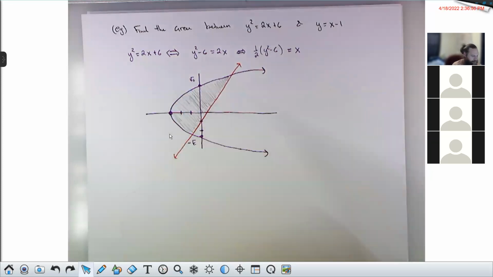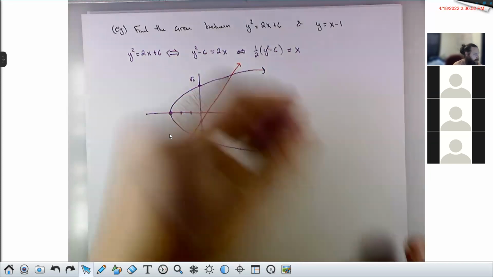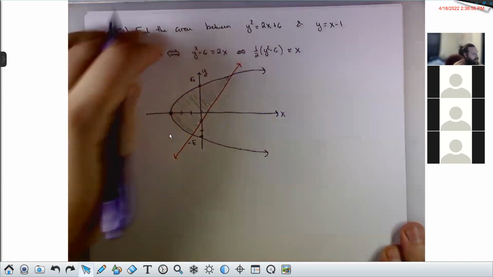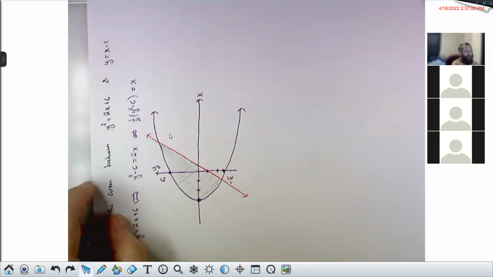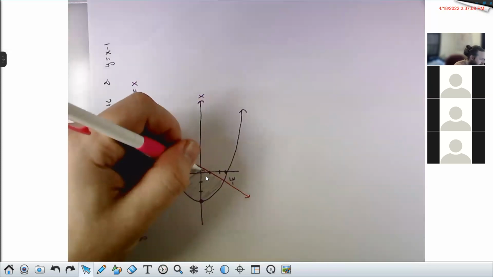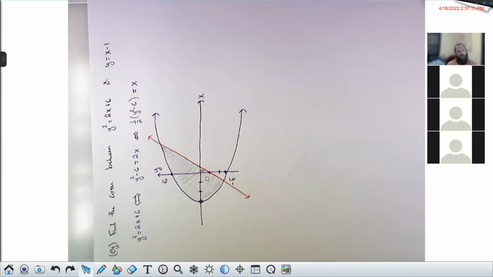Instead, turn the picture over. Now there's an upper, and this doesn't look like it's shaded, but it ought to be. Now there's an upper and a lower.